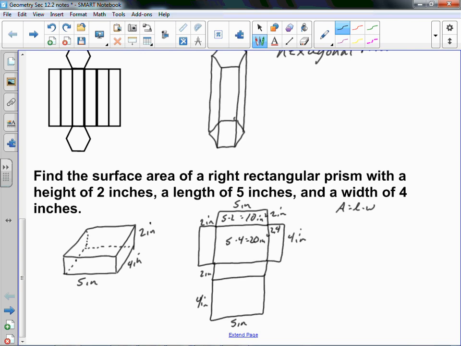It's 2 times 4, 8 inches squared. Of course, we have copies of all those. Right? That one's going to be the same as the one on the other side. That one's the same as the one at the top. And the big one is the same as the other big one, which is 5 times 4.